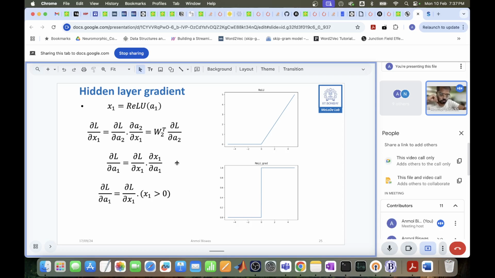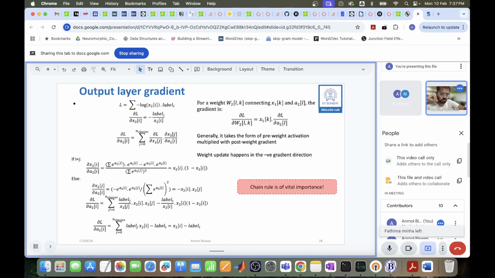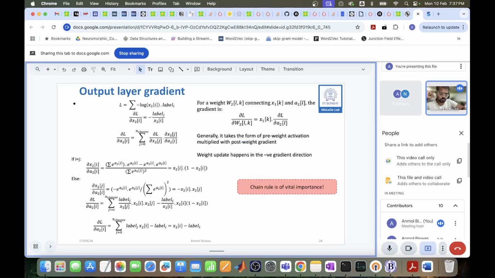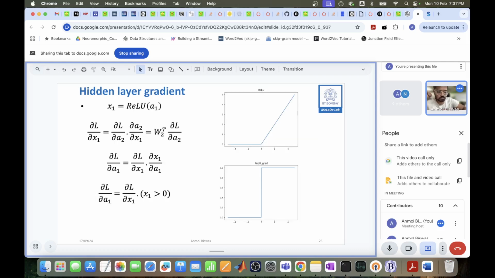Obviously, the output layer gradient will be just one computation that is the same. Hidden layer gradients will be computed again and again, and for every hidden layer, you will just update the corresponding weights based on this equation, for which you'll just get the terms.